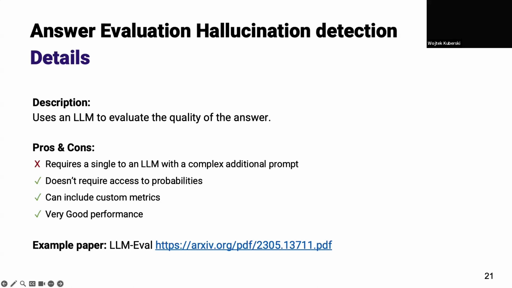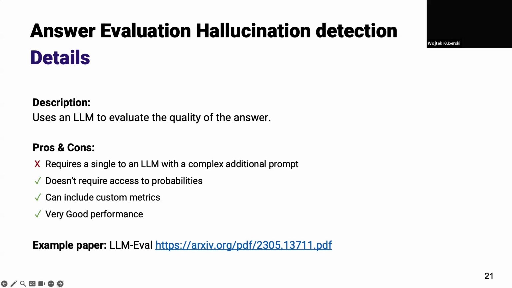Good thing, just as with the previous method, because we're using an LLM directly to evaluate the answer, we can work with the raw text and we don't require access to probabilities. Another good thing about it is that we can include custom metrics if we want to do more than just detect hallucinations. Within the same LLM call, we can ensure that the answer is grammatically correct, that it's complete, and not only focus on whether it contains hallucinations or not.